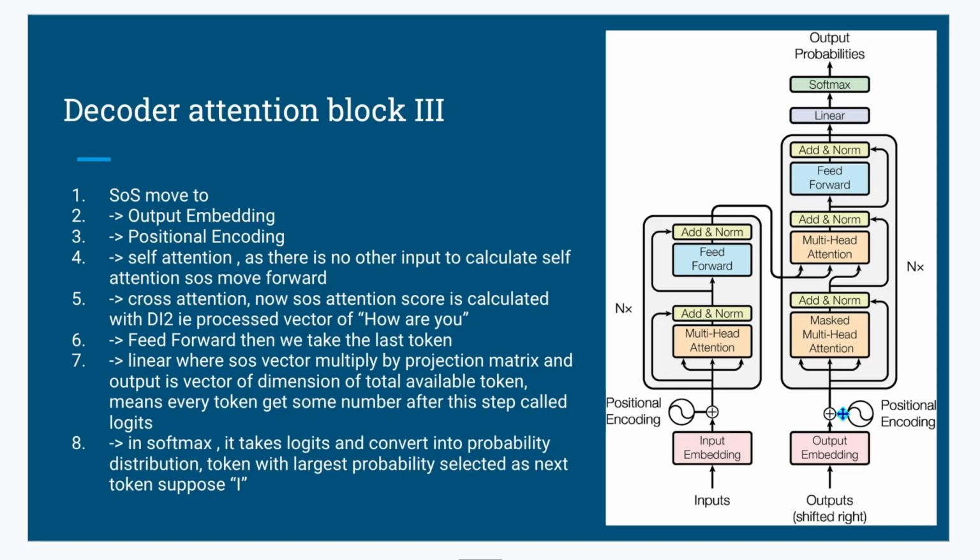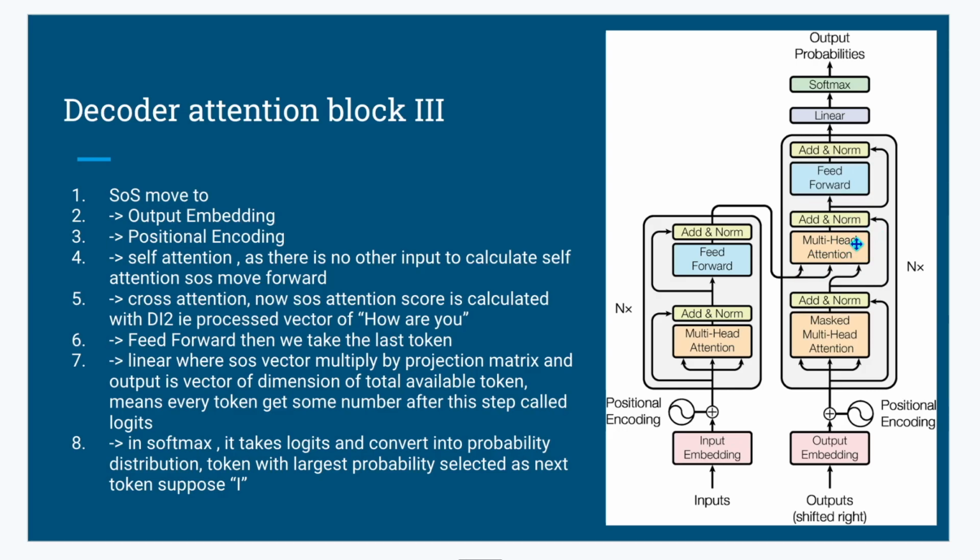Then from positional encoding, it moves to the masked multi-head attention, that we also call self-attention, meaning it is going to attend to self-generated tokens. As this is the start of the generation, there is no token, so the model assumes the start of the sequence, SOS. SOS is alone and moves forward to this attention block.